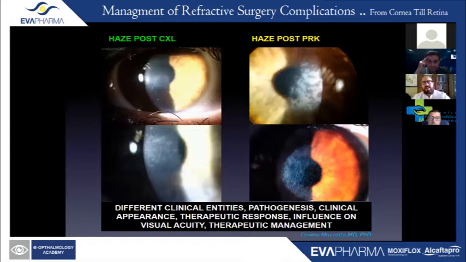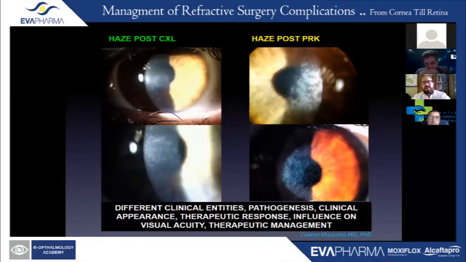We need to distinguish the AIDS of cross-linking from the AIDS of refractive surgery, such as PRK. They are completely different clinical entities with completely different pathogenesis, clinical appearance, and therapeutic response. And also the influence on visual acuity is completely different.